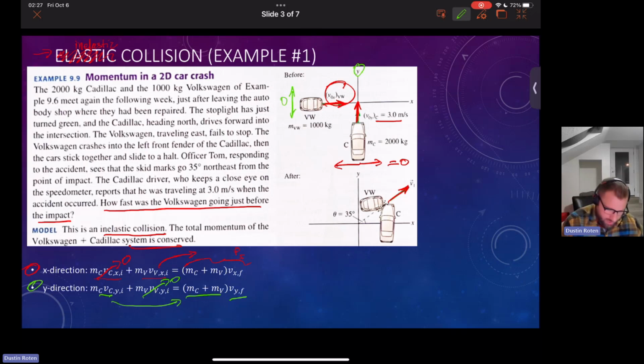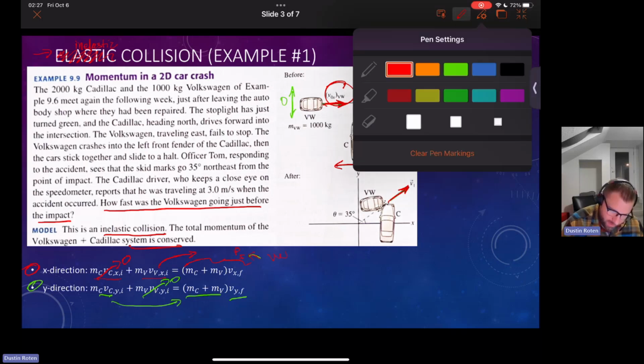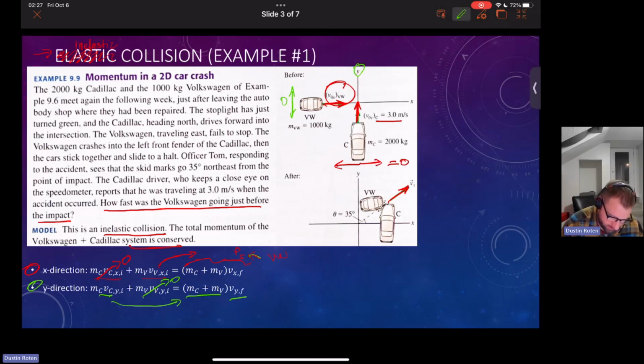So at least for this problem, and this is not always the case, in the x direction, the final momentum is supplied by the Volkswagen, but in the y direction, the final momentum is supplied by the Cadillac. All right, so we have these two equations. Let's set them up and see what we can come up with here.